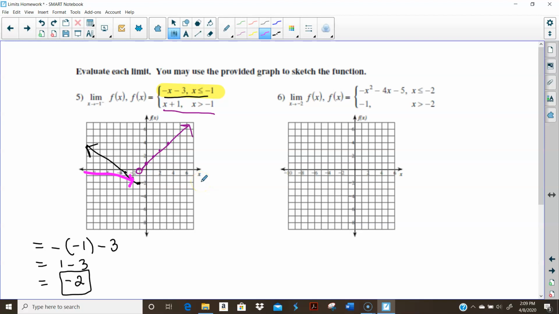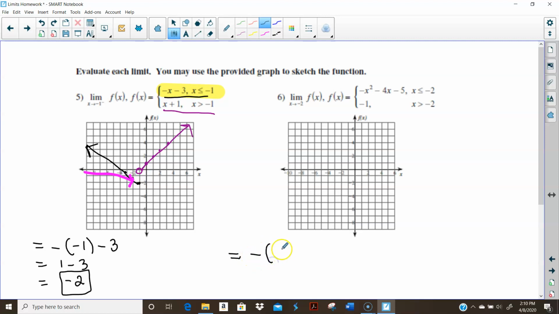Looking at question number 6, the limit as x approaches -2 of f of x. You could graph both of these pieces, or you could simply use direct substitution and substitute in -2 into both pieces. You would make sure that the answer is the same in order for there to be a limit that exists. So I'll do that. I think it's easier.